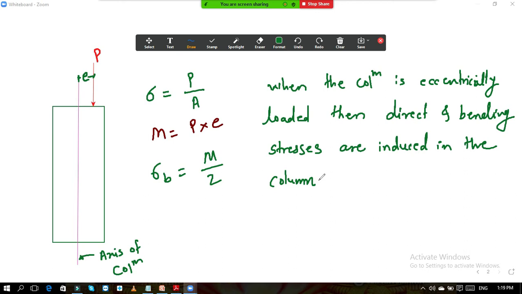This is the important thing you should know. But when the load is concentrically acting, the eccentricity is 0, so only direct stress is present.